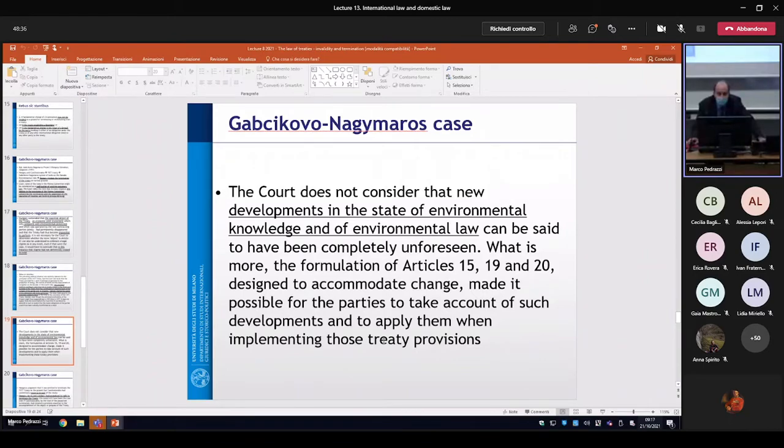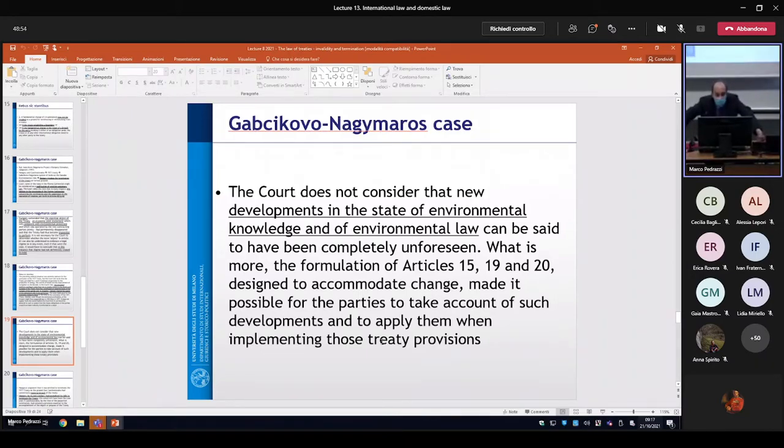And as for developments in the state of environmental knowledge, environmental conscience, and environmental law, the court does not consider that these developments were completely unforeseen.